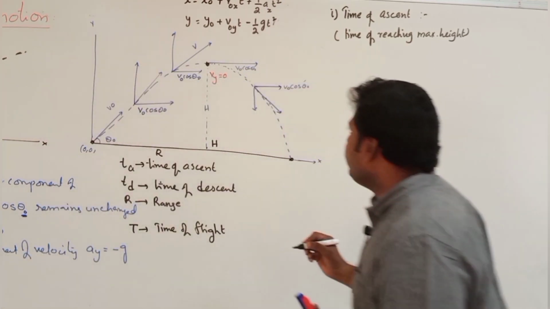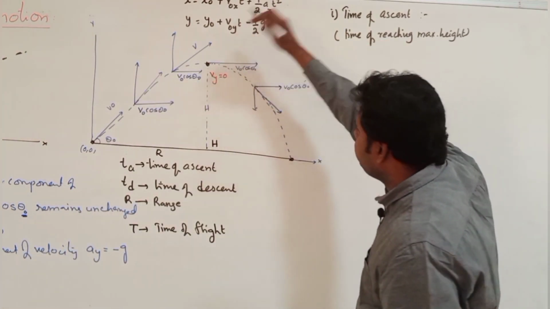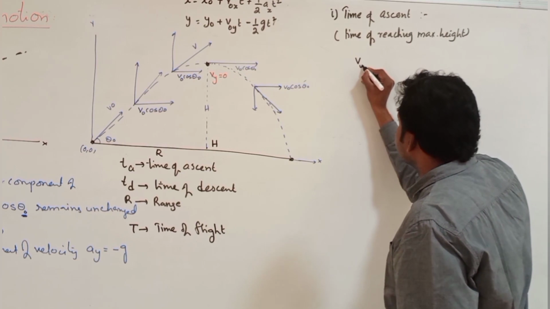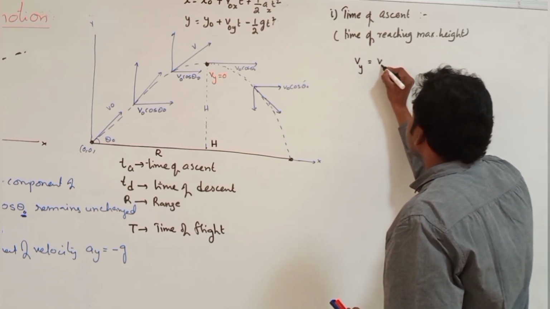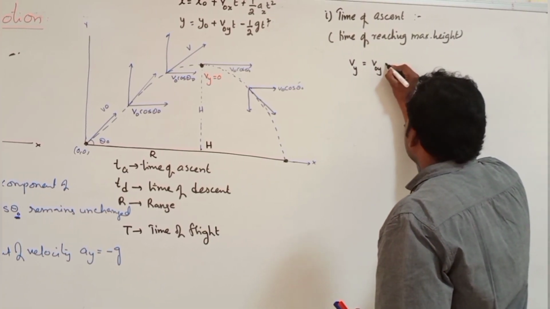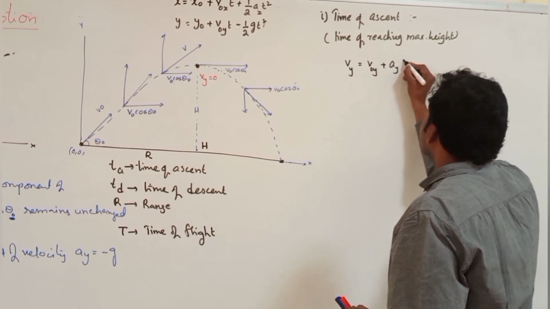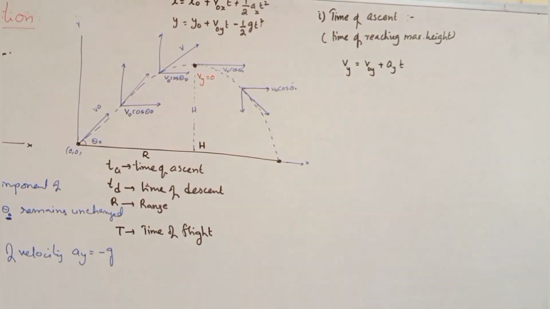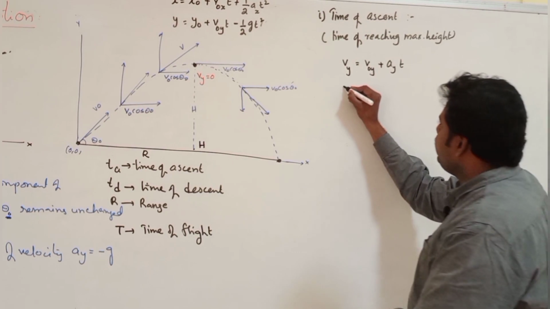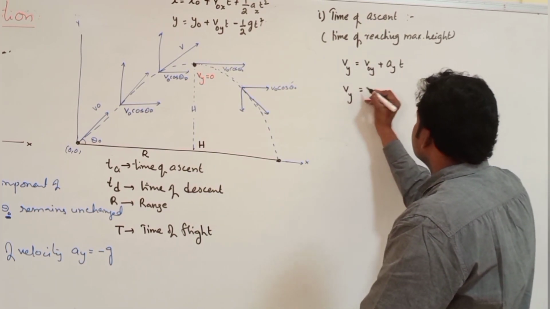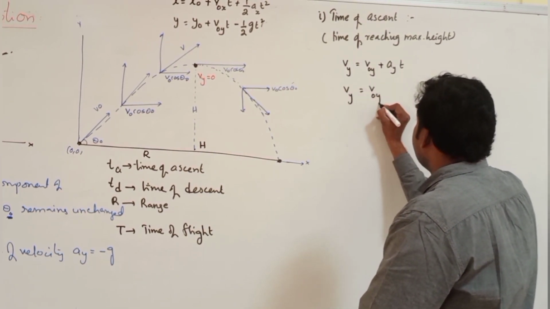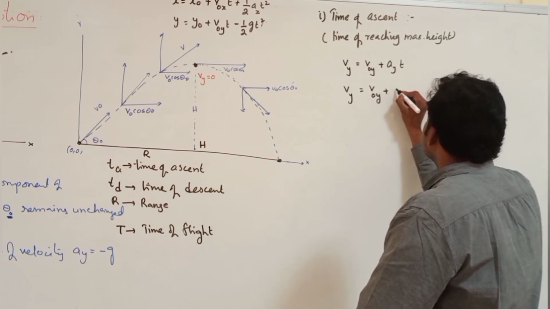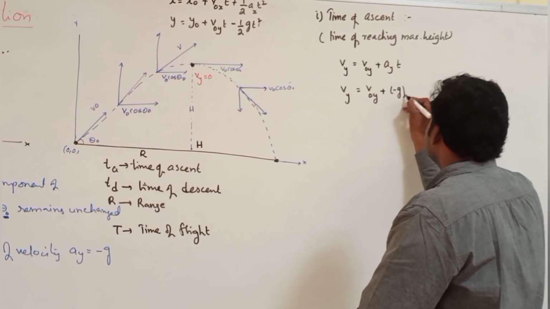First one, the vertical component of velocity, we observe it. Vy, the final velocity, is equal to initial velocity plus a y into t. Vy is equal to V naught y plus minus g into t.